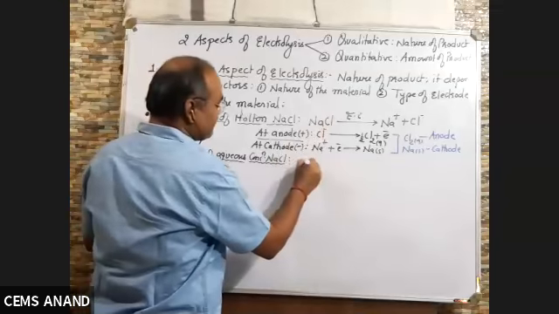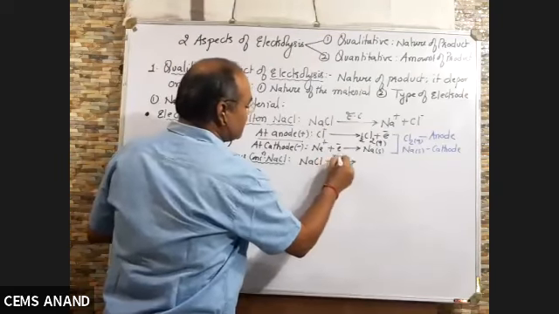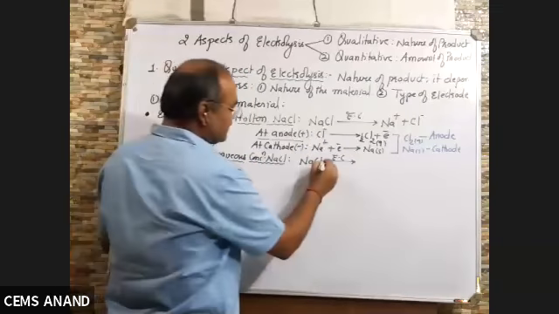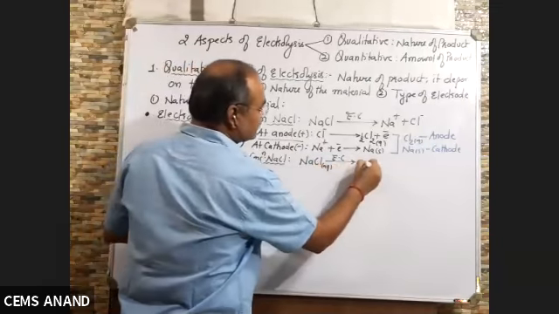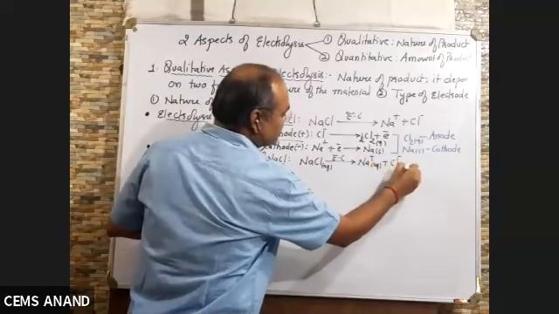Again the same: when NaCl undergoes electrolysis by passing electric current, but this time it is aqueous, so we get Na plus aqueous, Cl minus aqueous.